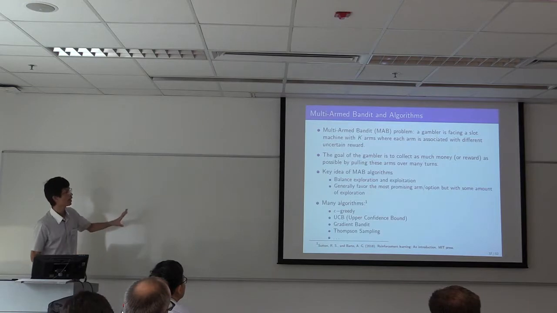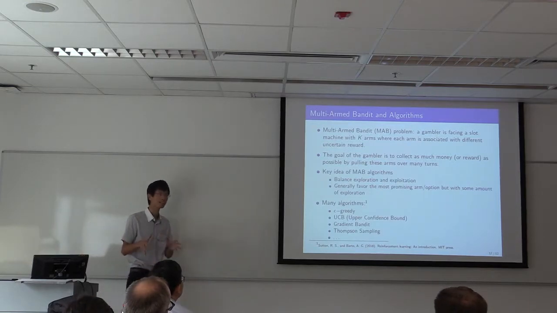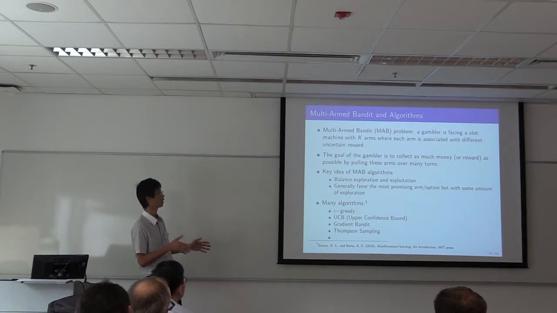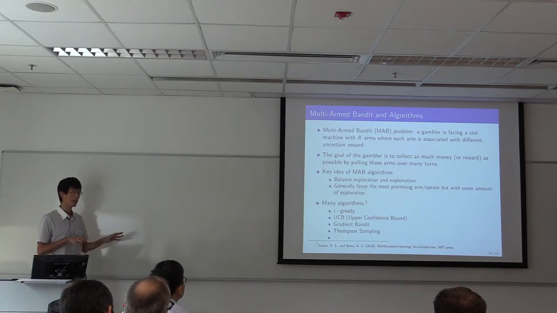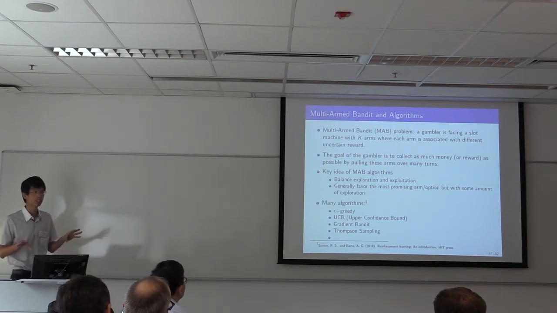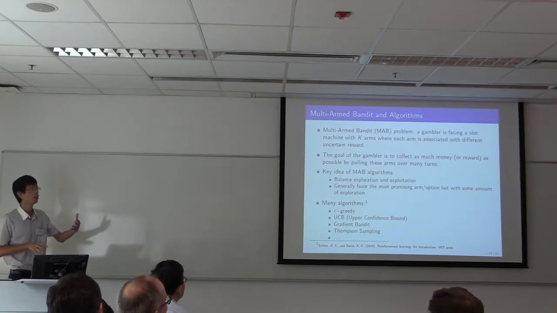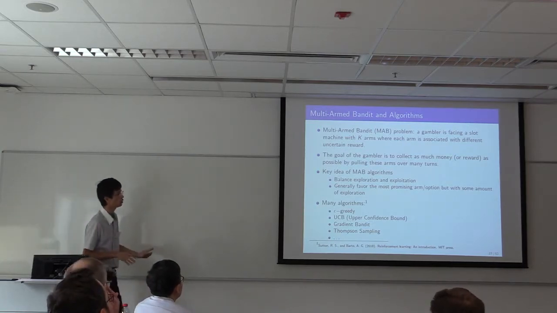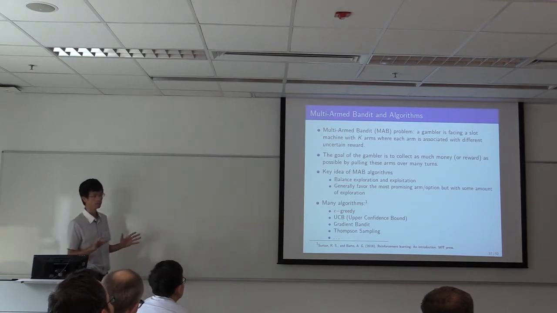Okay, so there have been many bandit algorithms proposed in the literature depending on the context and assumptions on the reward process, but the general key idea of bandit algorithms is to balance exploration and exploitation. And in the bandit setup, we try to favor the most promising option, but with some sensible amount of exploration.